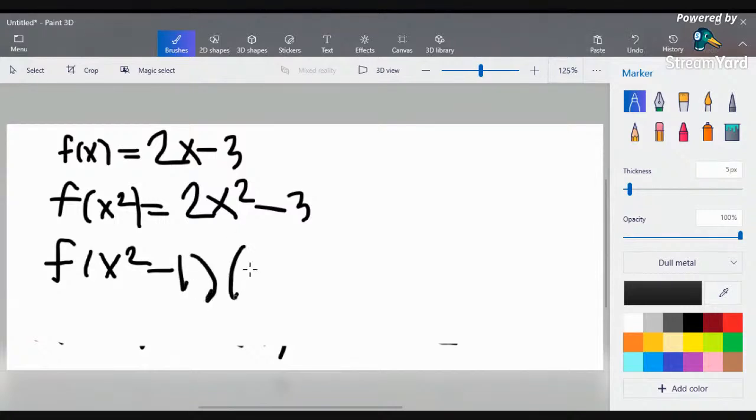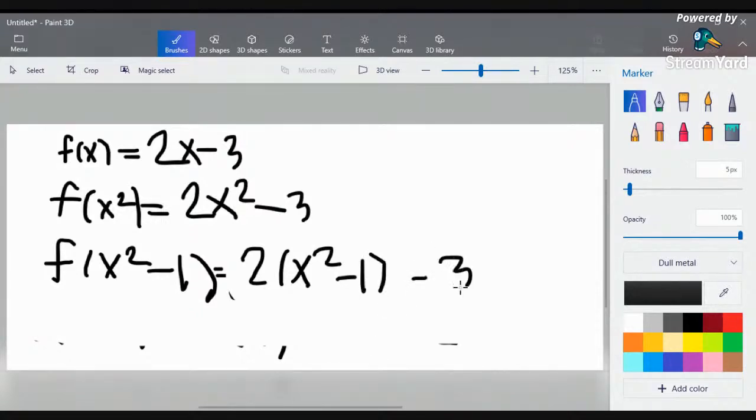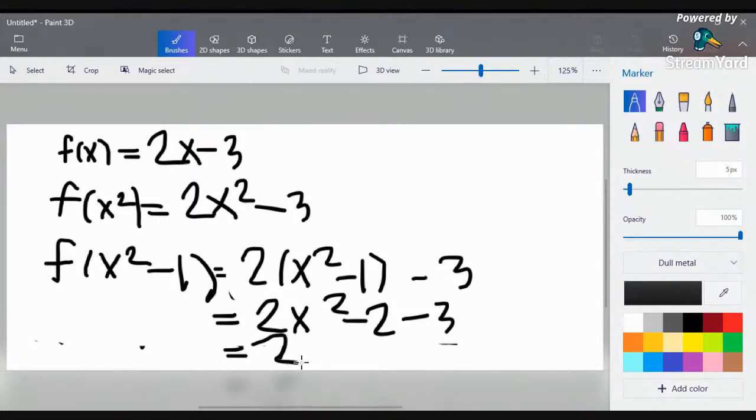So we have 2 times x squared minus 1. Instead of x, we put x squared minus 1. So our final answer will be 2x squared minus 2 minus 3, or that is 2x squared minus 5. Okay, that is for evaluation of function.